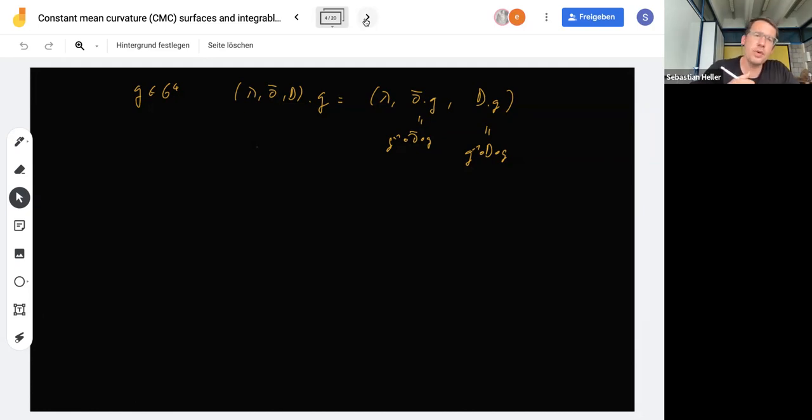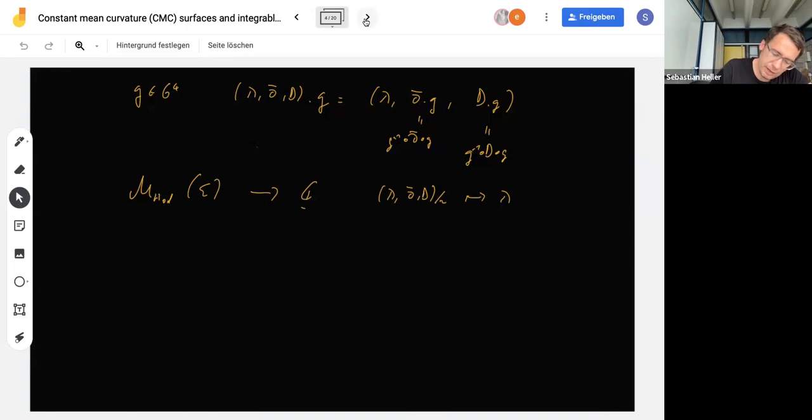So this gauge group acts on the space of flat lambda connections, and we have this moduli space, and this moduli space admits a natural map to the complex numbers, by just mapping the gauge class to the point lambda in the complex plane.